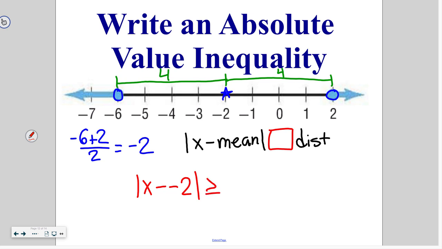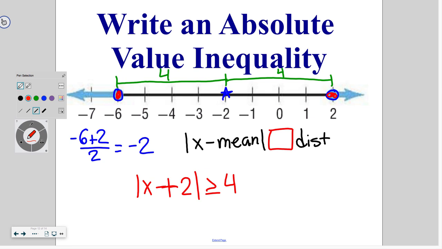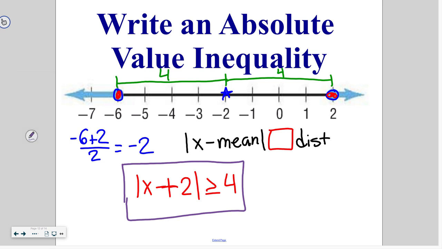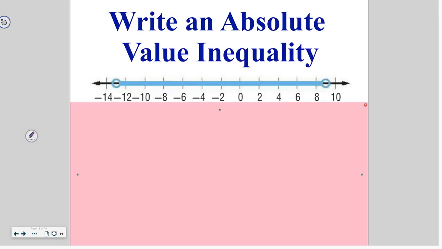So it's greater than because we have the arrows going the opposite direction. It's equal to because we have filled in dots up here. These were filled in to start. And then our distance was 4. Minus a negative turns into a positive. So our final answer is the absolute value of x plus 2 is greater than or equal to 4.